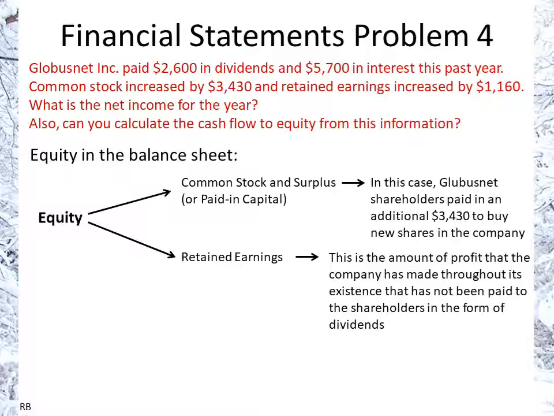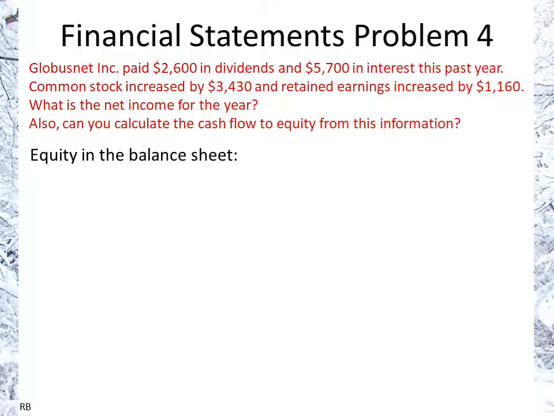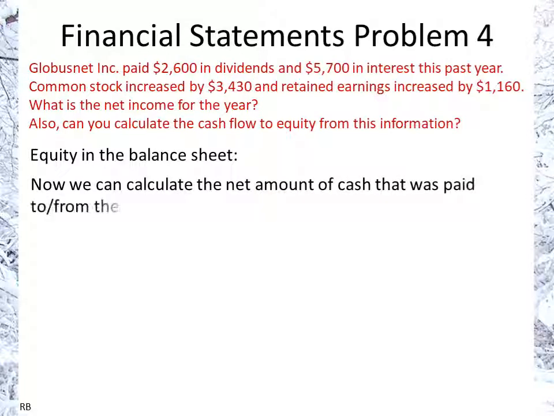In this case, it has increased in the past year by 1,160. This will allow us now to calculate the net amount of cash that was paid to, or received from, shareholders. So we will be able to calculate the cash flow to equity.